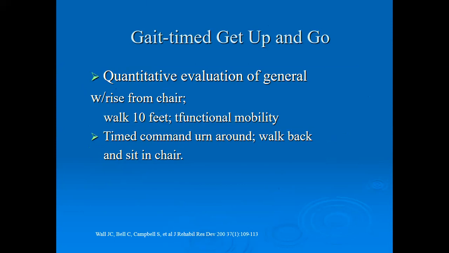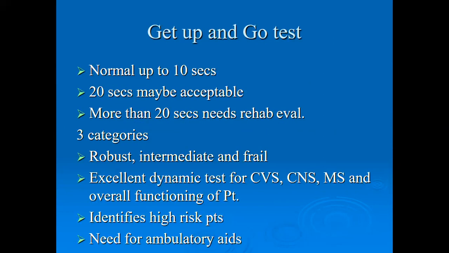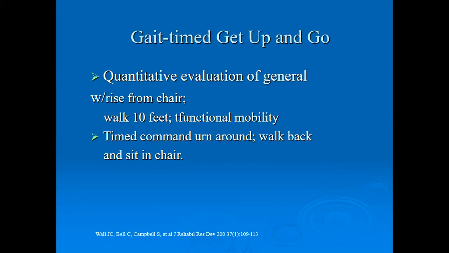The get up and go test is a quantitative evaluation. You ask the patient to walk 10 feet. This is the functional mobility, and you time that. You ask the patient to stand up from the sitting position. So the get up and go test is a timed activity.